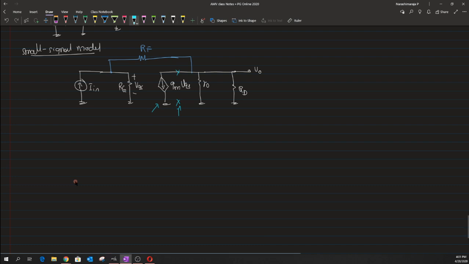Okay. Yeah. So according to the first rule, we have to kill this input independent source. Killing this current source is nothing but open circuiting it, right. So let me open circuit this, and what is left over is just the resistance Rg. And still the drop across this Rg is always read as Vgs, and we had this dependent source.